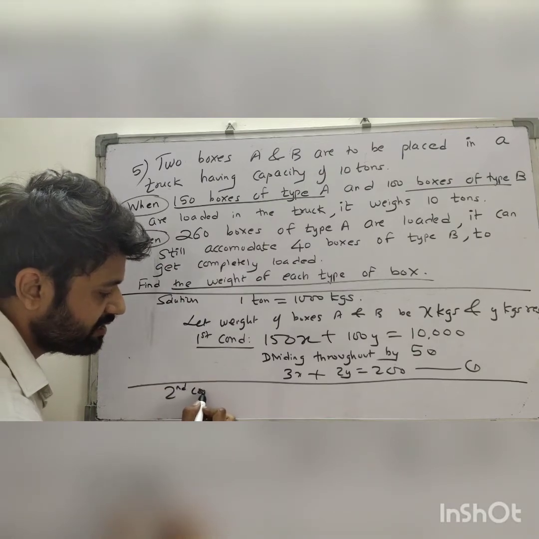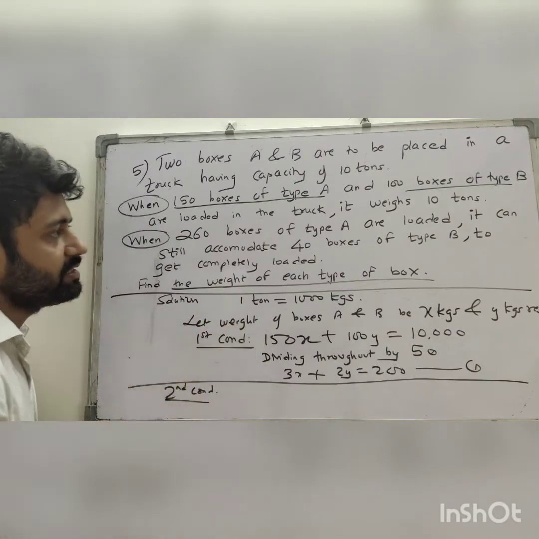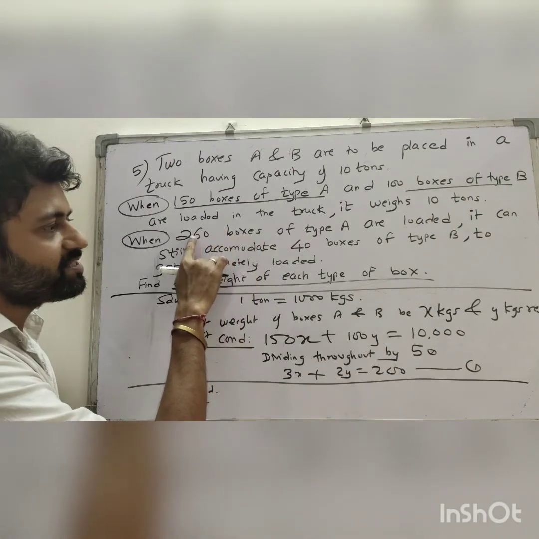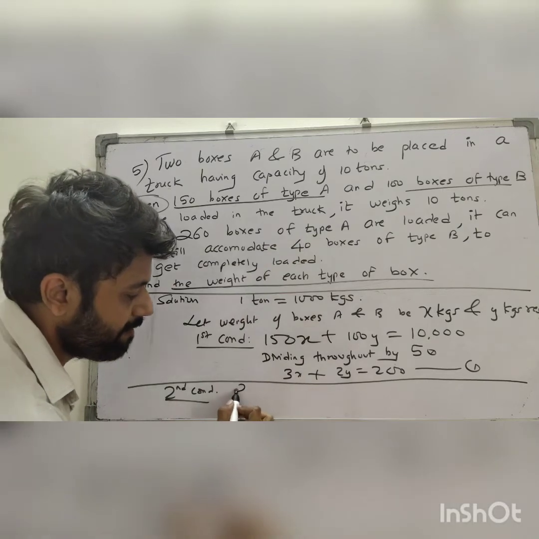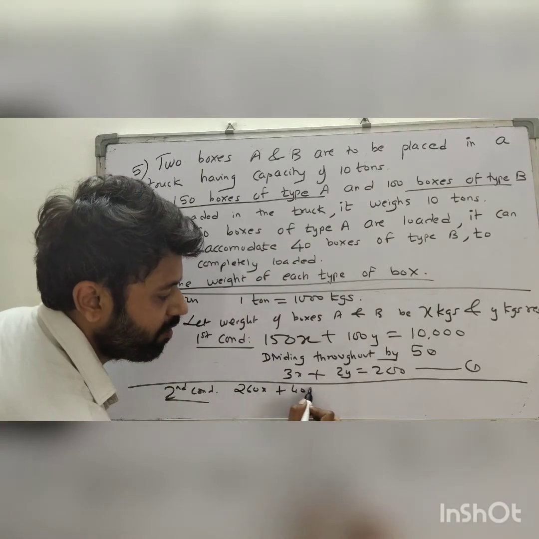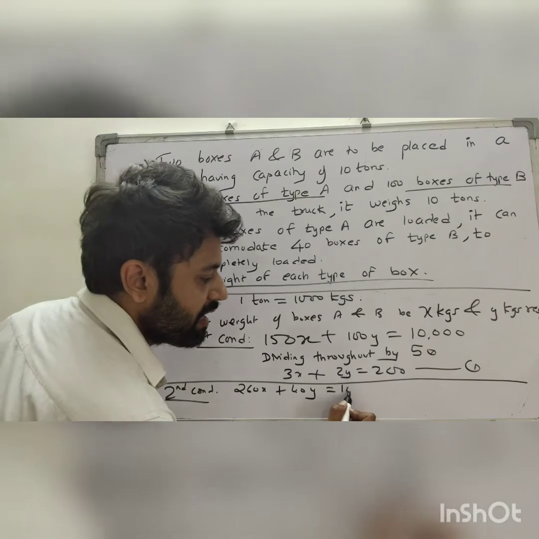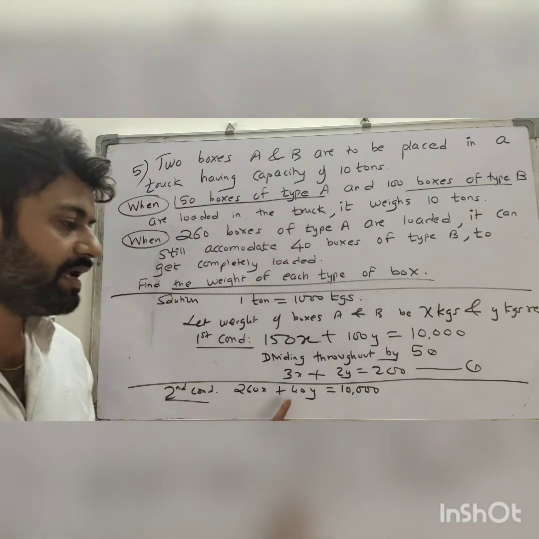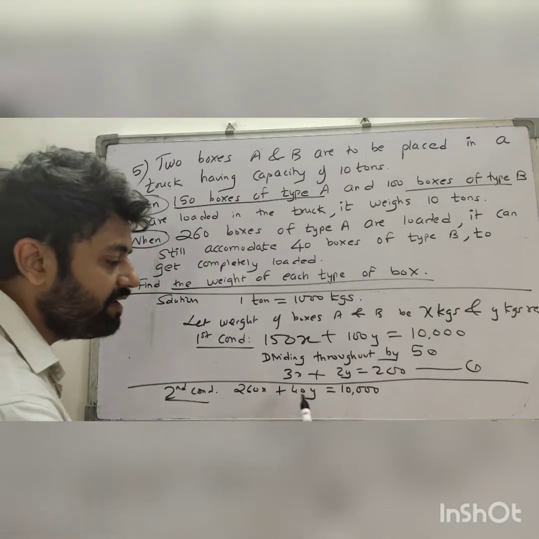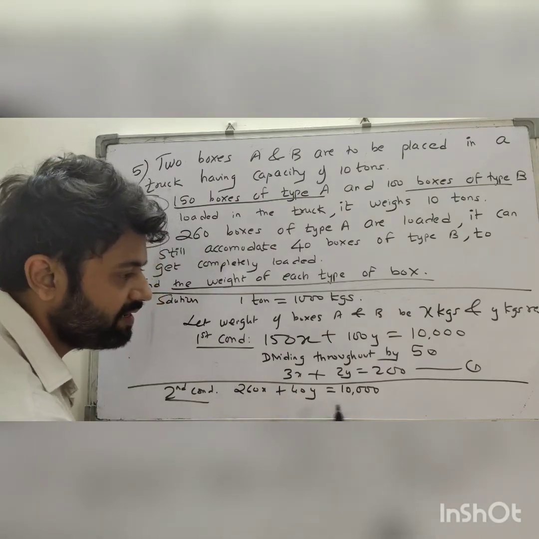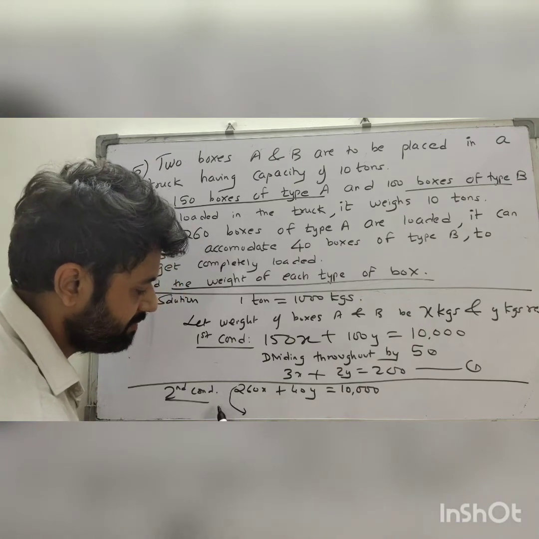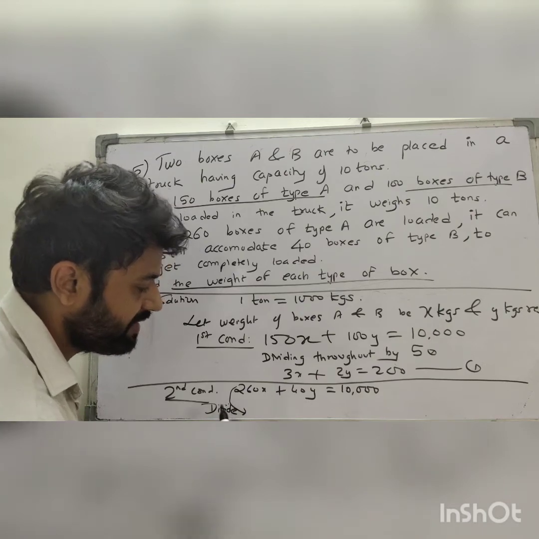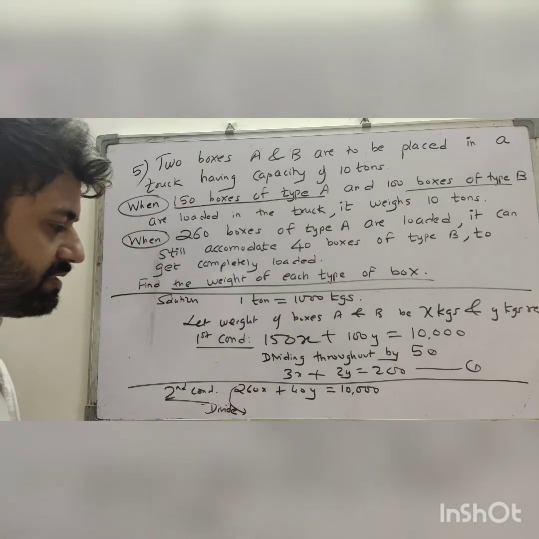The second condition is very simple. You just have to watch the numbers. 260 of type A and 40 of type B amount to 10,000 kgs. Of course, I am getting a chance to divide it. You have to write dividing throughout by 20.